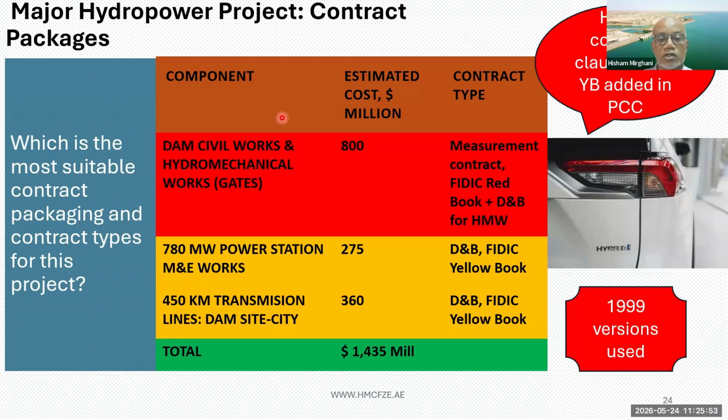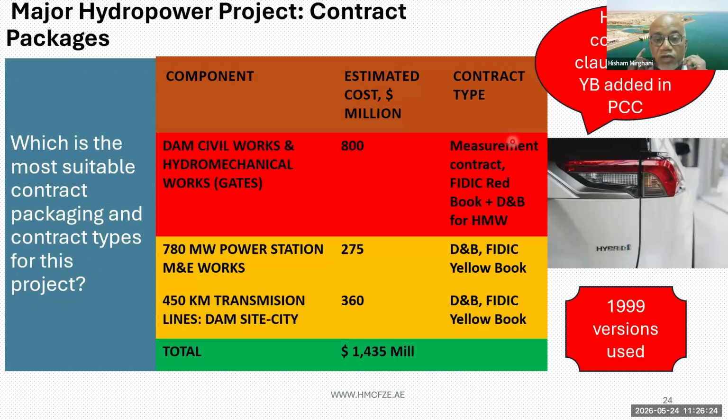So in subsequent projects, we combined these two, and as a result, what we had was a hybrid contract, because the contract borrowed heavily from the Yellow Book, provisions such as design, testing, and commissioning. All these were borrowed from the Yellow Book and incorporated in the particular conditions of the Red Book for the hydromechanical work. So you actually had a hybrid contract for the civil works.